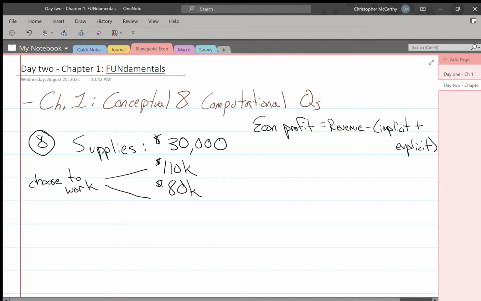We wrote a check, we gave them cash, we charged it on our credit card, right? Implicit is the opportunity cost. It's what we gave up in order to do this thing. So if Janet is giving up these job offers, what's her implicit cost or opportunity cost?